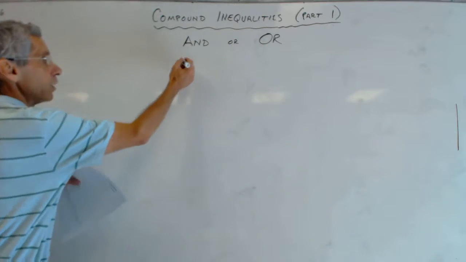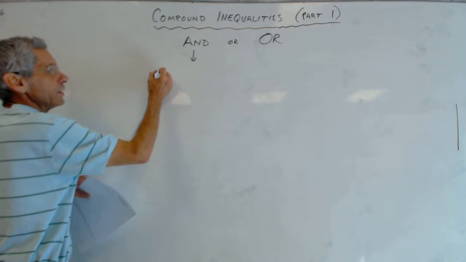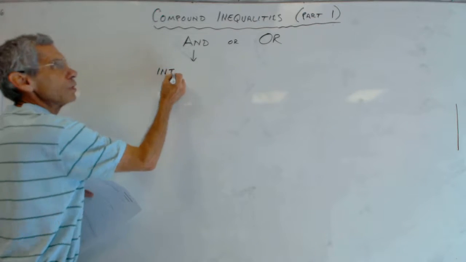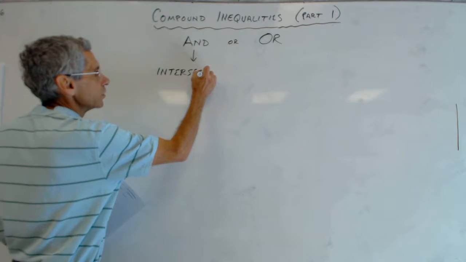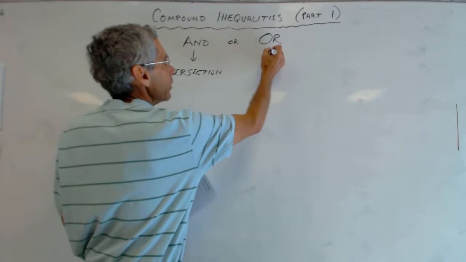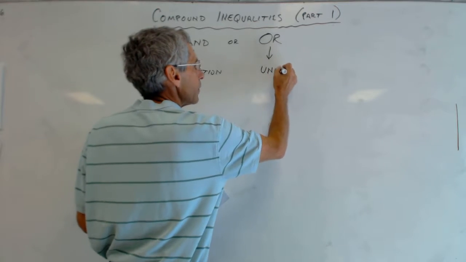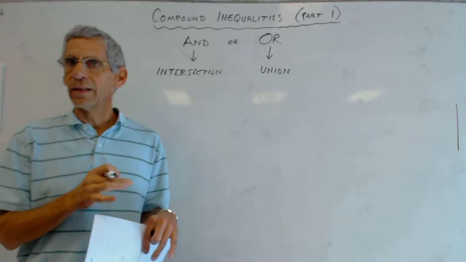With the word "and," the word is intersection. And for the word "or," it's union. You'll see those sometimes in math textbooks, so I feel I have to say them.